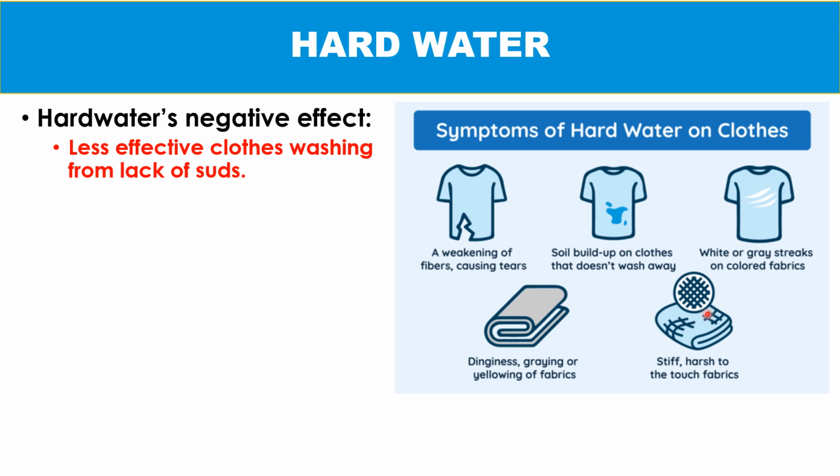It's kind of like sticking out like a porcupine style, if you will. It doesn't hurt. These are all of the negative effects that can happen for clothing. It is also less effective when it comes to clothes washing from lack of suds.